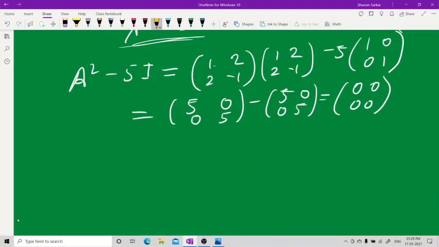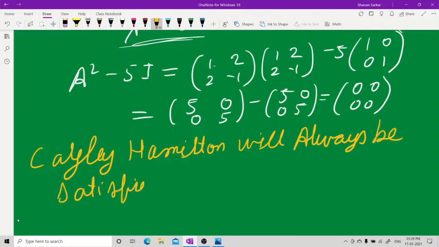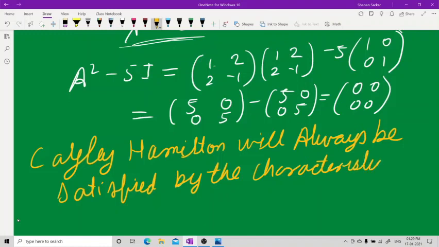Cayley-Hamilton will always be satisfied by the characteristic equation. Keep this thing always in your mind.